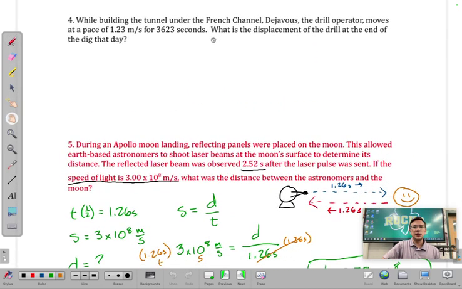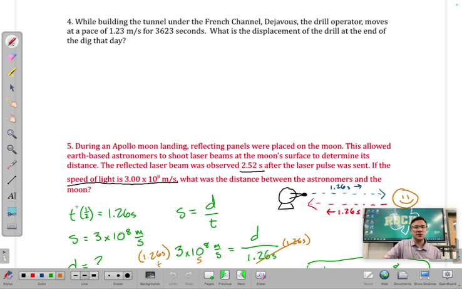We previously did number 5. This one says that while building the tunnel under the French Channel, the drill operator moves at a pace of 1.23 meters per second for 3,623 seconds. What is the displacement of the drill at the end of the dig that day?